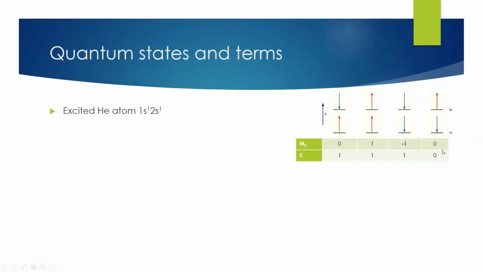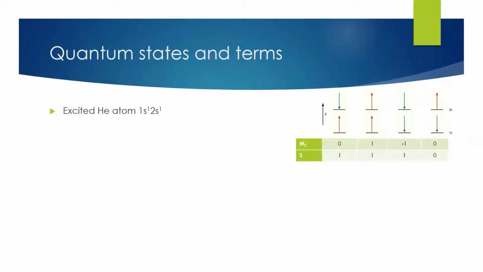And then what we have left over is just an M sub S of 0, and that's consistent with having an S of 0. You may have heard this before: the three states with S equal to 1 are called a triplet state, whereas this one over here is called a singlet state. And we'll talk more about triplet and singlet states, especially in the next lecture.